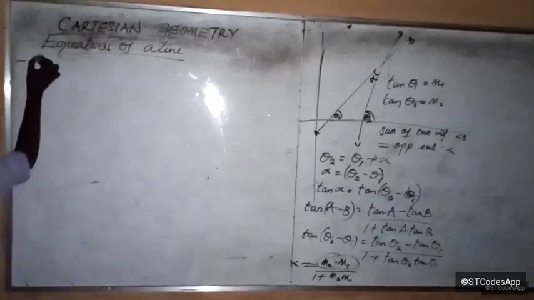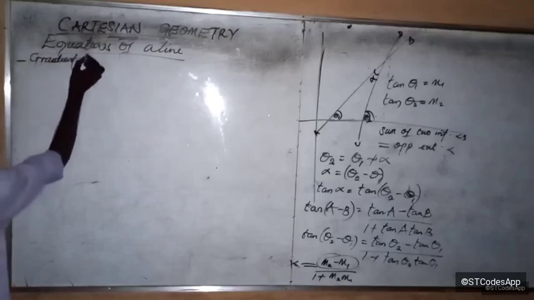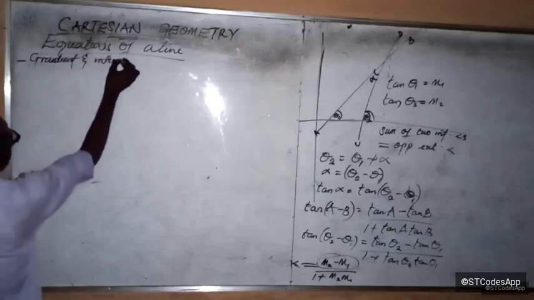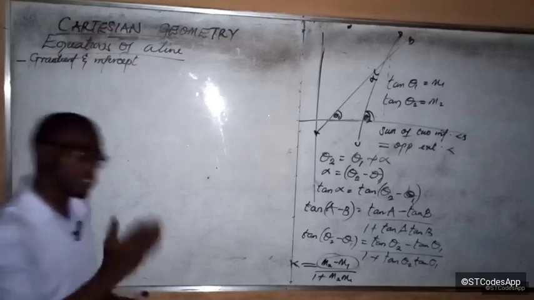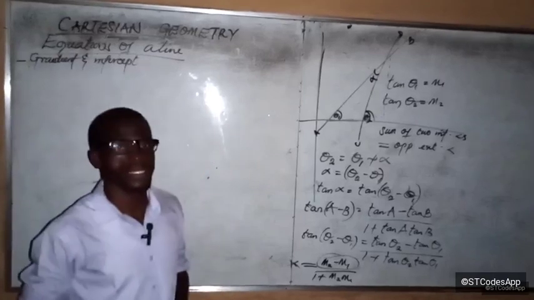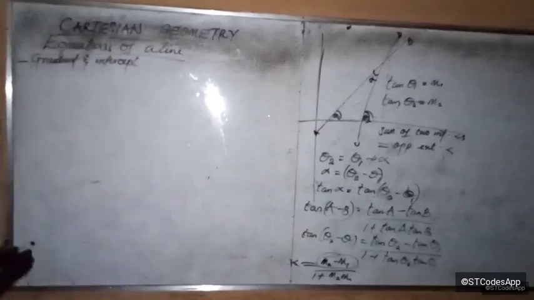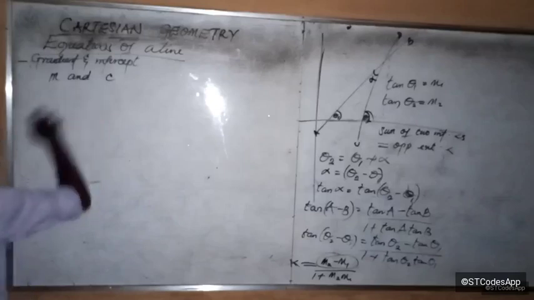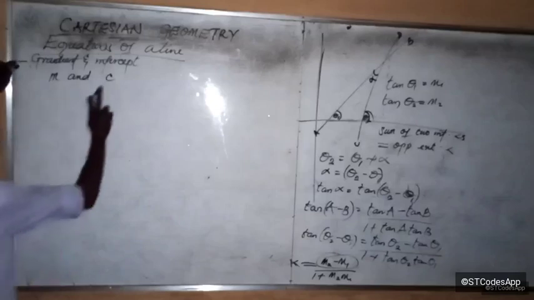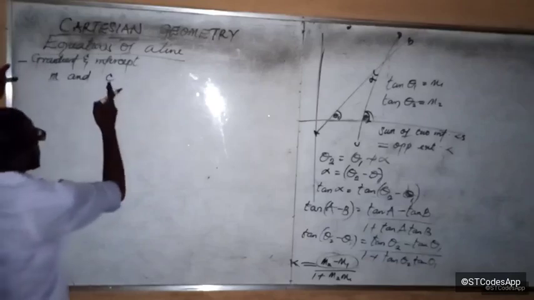So we have three methods. We have the gradient and y-intercept. Is that okay? Y-intercept simply means where the line cuts the y-axis. So that's the first method, and let's see that. If we are given gradient m and intercept c, what does this mean? At this point c, we can find two points.